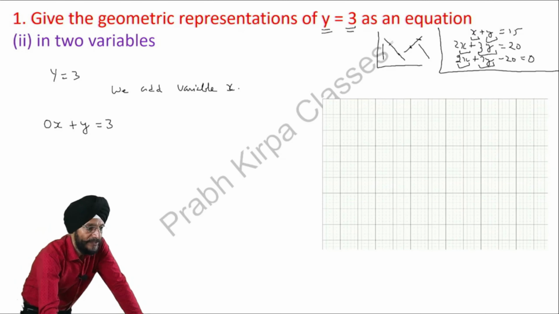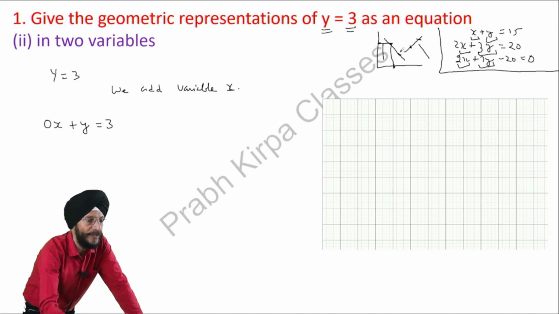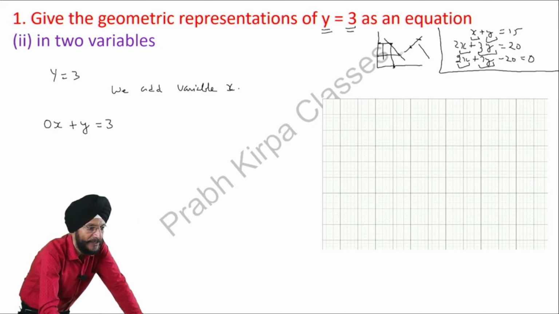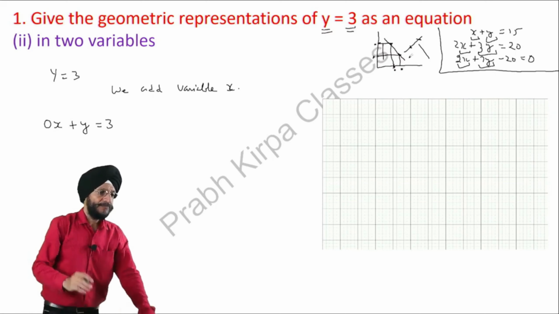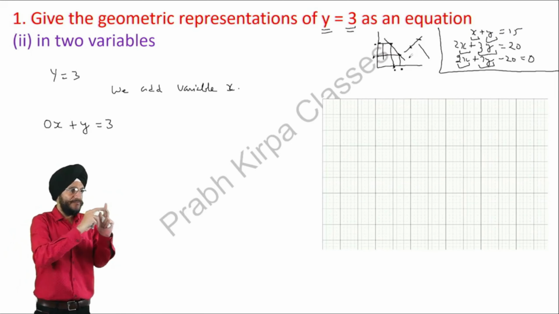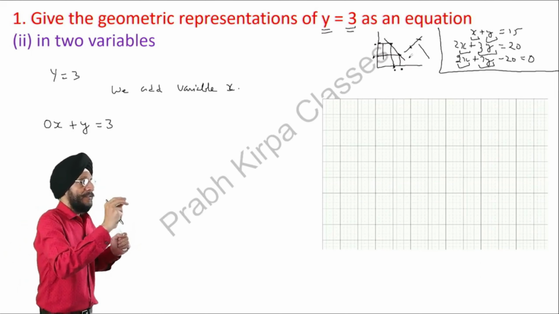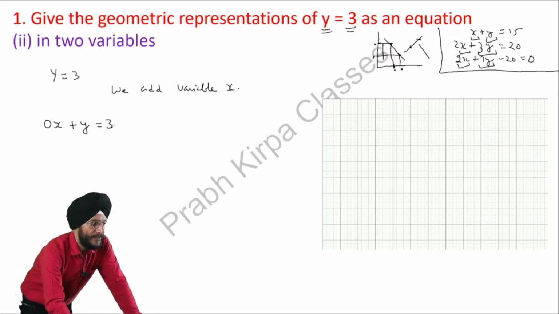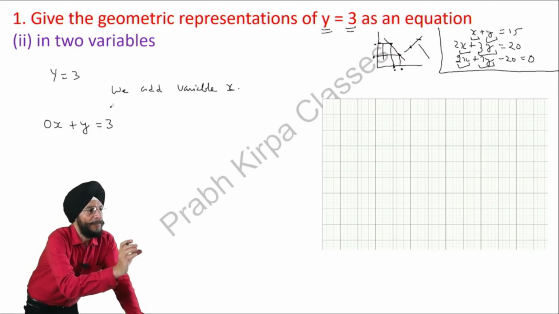But for drawing these 2 points, we should have the value of y at this point, and the value of x at this point, because it will be formed this way. If we want to draw the point at this place, for this we have to find the value of x at this place and the value of y at this place. That is, we should have at least 2 solutions of x and y, which when put into the equation will serve the purpose.